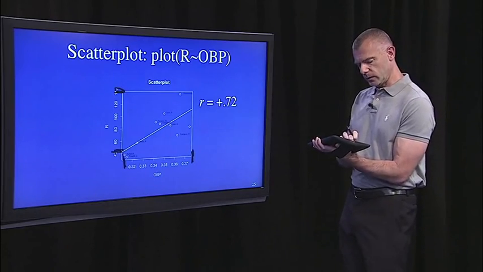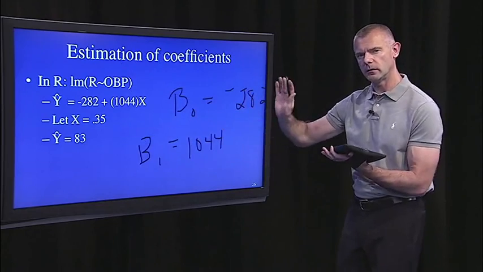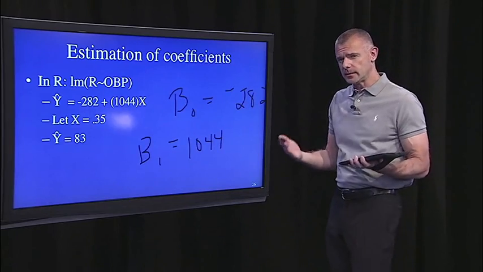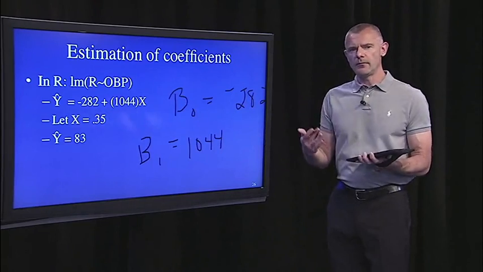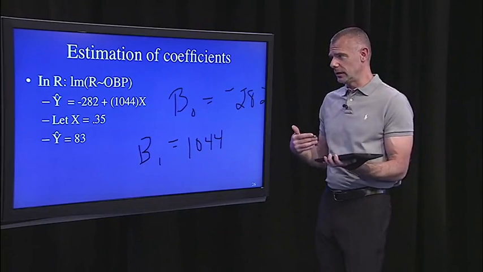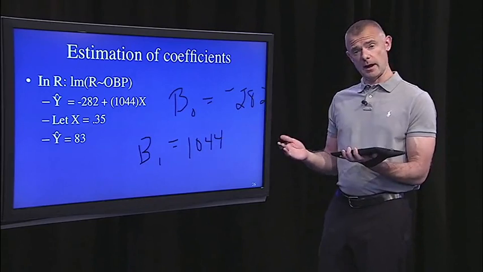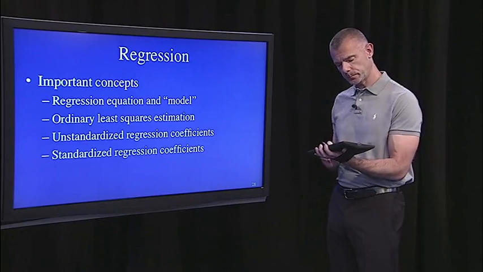So the point of all this, and to explain why we have these numbers that are a little hard to interpret, is because they're unstandardized, and the scale for x and y were so different. That's why we often rely on the standardized coefficient to interpret the magnitude of the relationship between x and y, because it's just simpler to interpret.